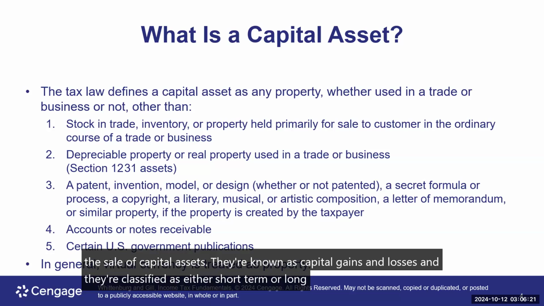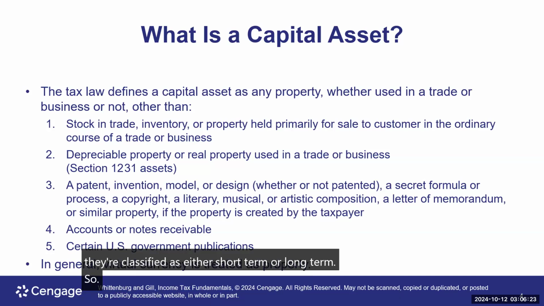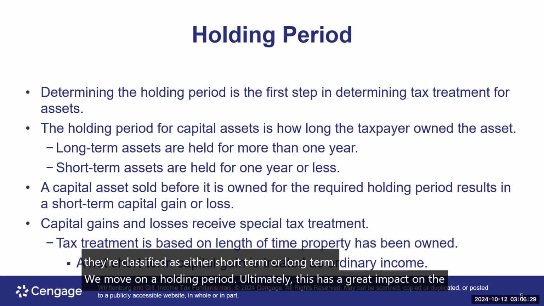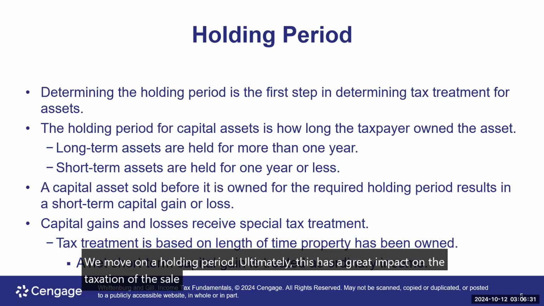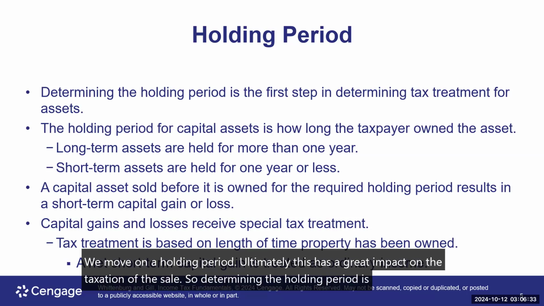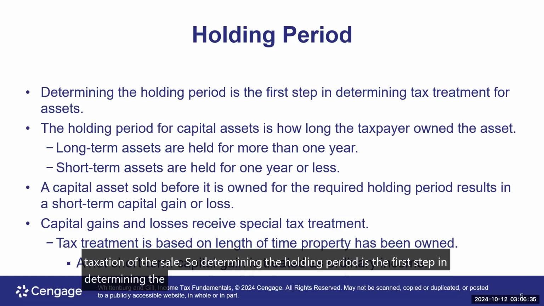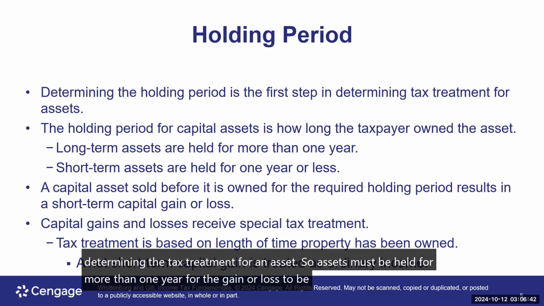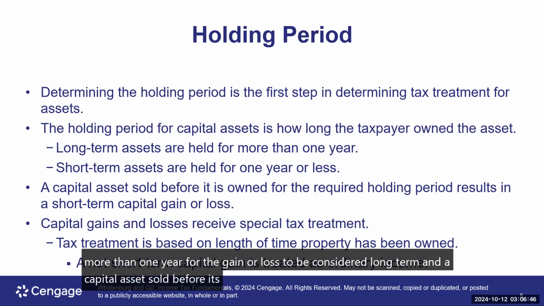So we move on to holding period. Ultimately, this has a great impact on the taxation of the sale. So determining the holding period is the first step in determining the tax treatment for an asset. Assets must be held for more than 1 year for the gain or loss to be considered long-term, and a capital asset sold before it's owned for the required holding period results in a short-term capital gain or loss.